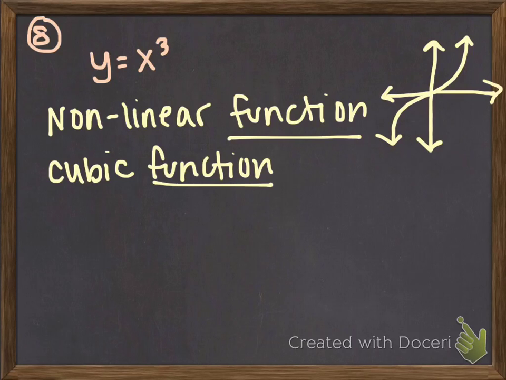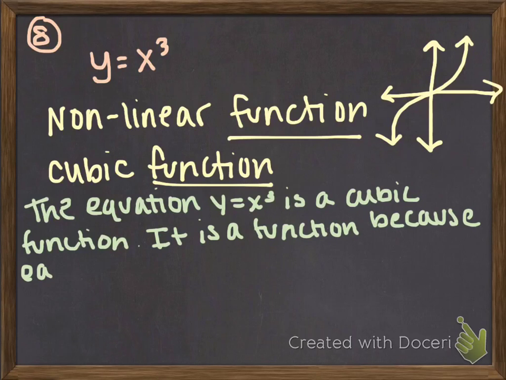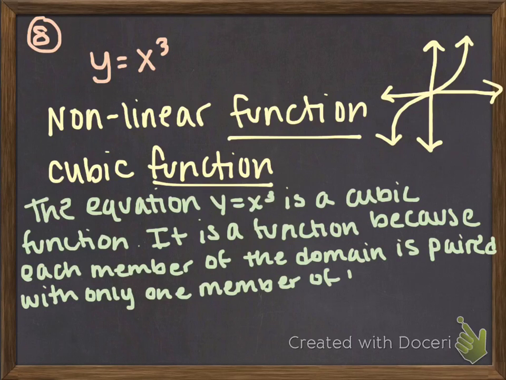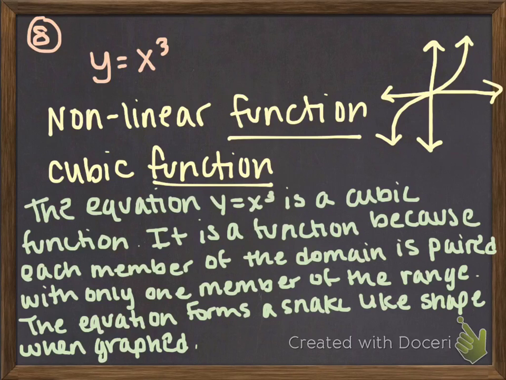So all of that plays into my answer. And I'm looking for a complete sentence. So something like: the equation y equals x cubed is a cubic function. It is a function because each member of the domain is paired with only one member of the range. The equation forms a snake-like shape when graphed.